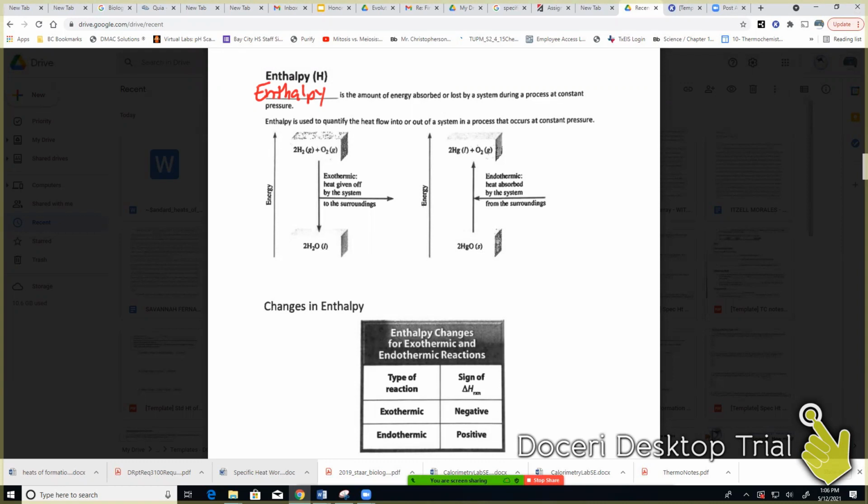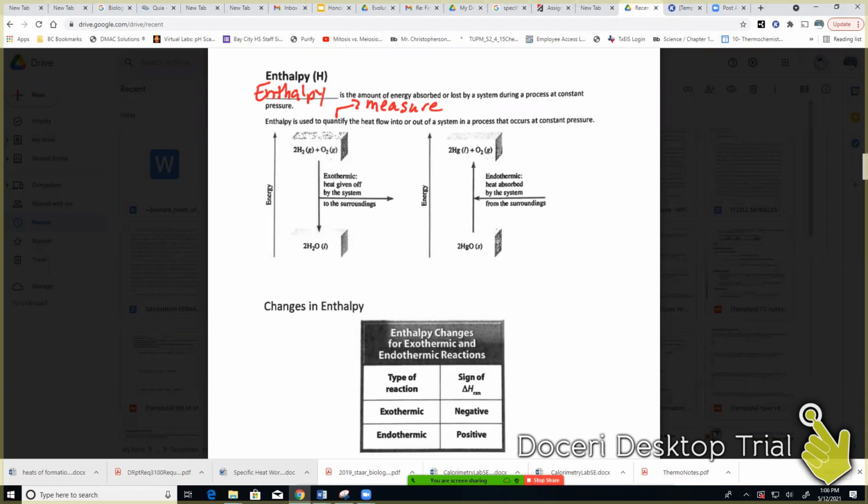That could be a chemical reaction, or a phase change at constant pressure. The pressure has to be kept constant because if you change the pressure, it will change other things. So enthalpy is used to quantify or measure the heat flow into or out of a system, because it's hard to measure that directly.